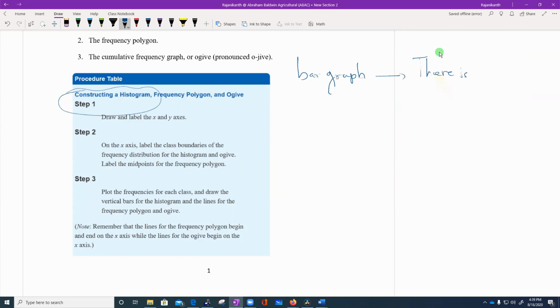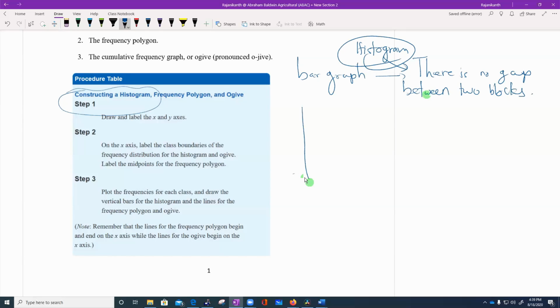There is no gap between them. This is about the histogram, don't confuse it. There is no gap between two blocks, but it seems like a bar graph.